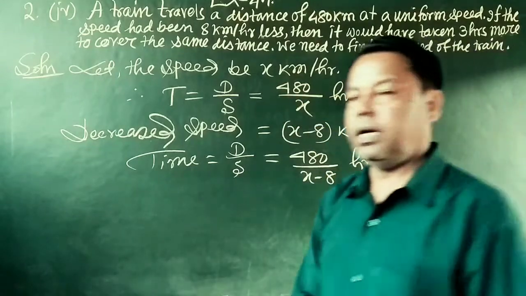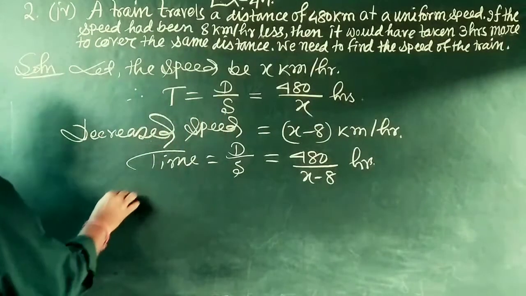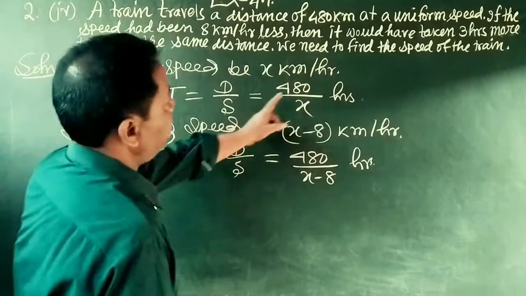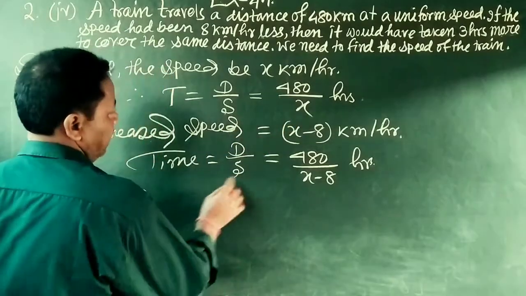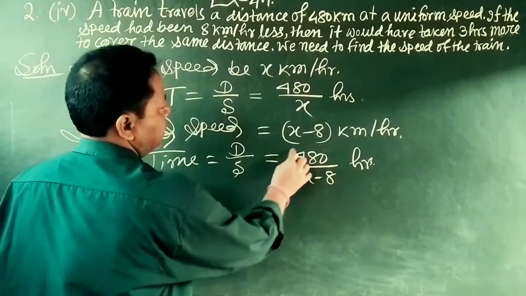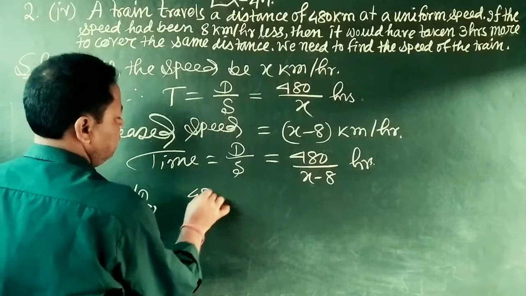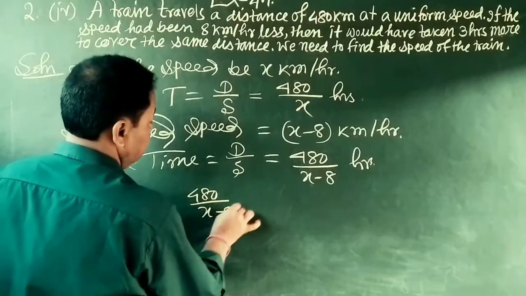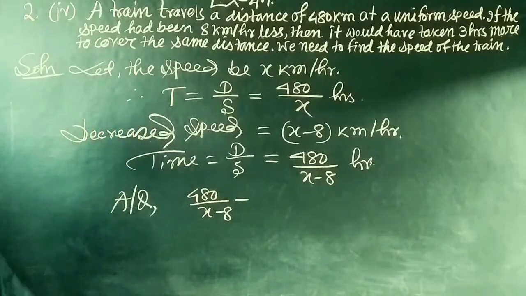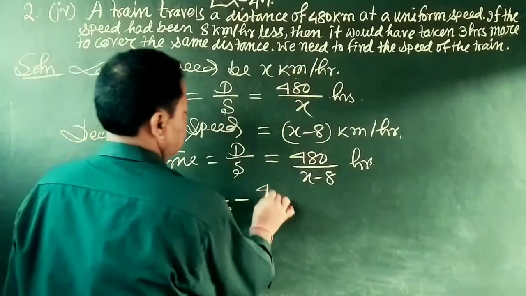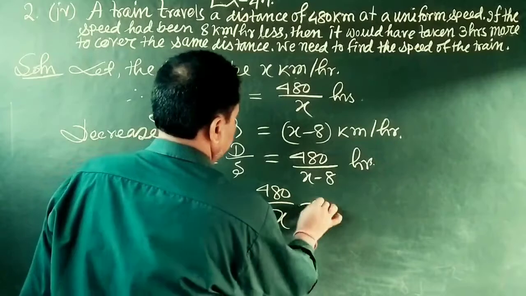So we will form the condition according to the question. The time taken when speed is decreased, 480 by x minus 8, is 3 hours more. Then 480 by x minus 8 minus the time taken before when the speed was x km per hour, 480 divided by x, equal to 3.